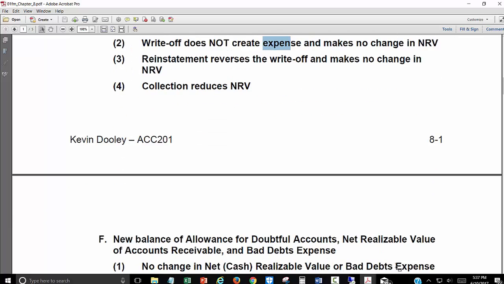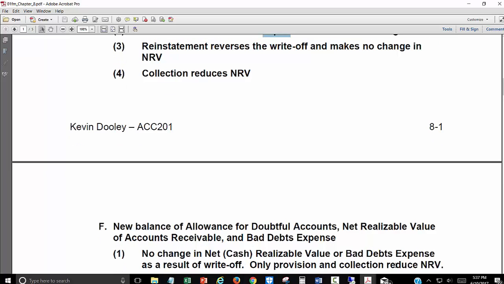Next, the new balance of the allowance account, net realizable value of accounts receivable, and bad debts expense can all be anticipated in this way. When you write off an account receivable, there's no change in your cash or net realizable value. In other words, the amount of accounts receivable you still expect to collect is still expected to be collected.